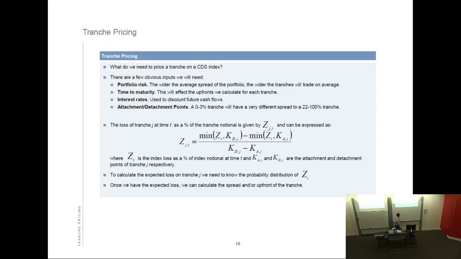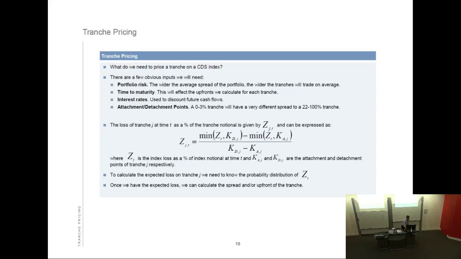So that is your tranche's loss as a function of the portfolio loss of the basket itself.